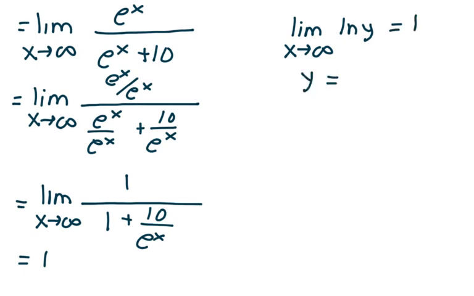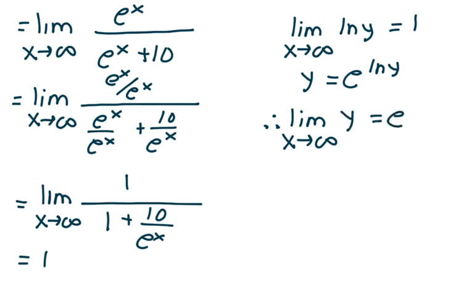But y is e to the natural log of y. Okay? And so therefore, the limit as x goes to infinity of y is e to the first. But y, so let's go back.